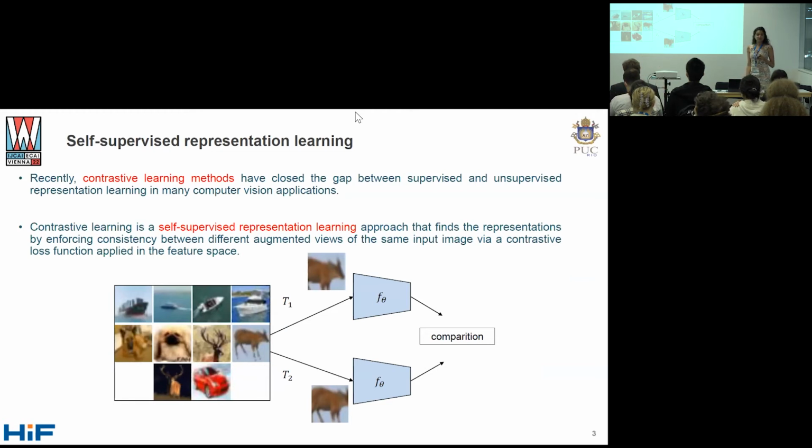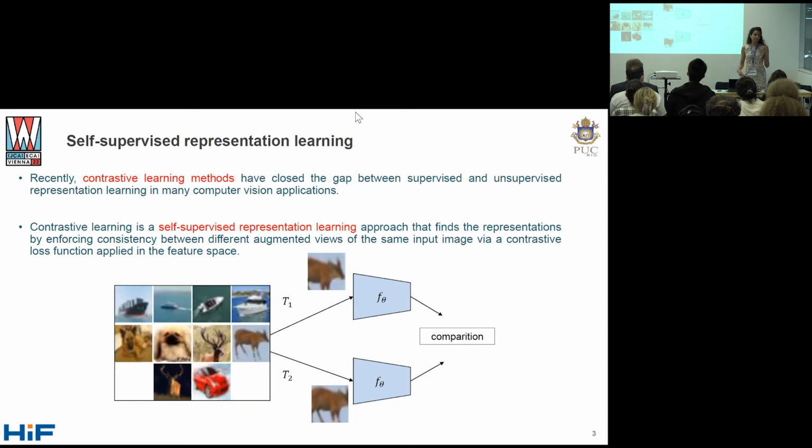We are using a state-of-the-art technique based on self-supervised learning, specifically contrastive learning methods. Basically, these methods propose to apply different augmentations to an input image and apply a loss function that compares the augmentations of this image and tries to increase the similarity between augmentations of the same image and increase the dissimilarity between augmentations of different images.